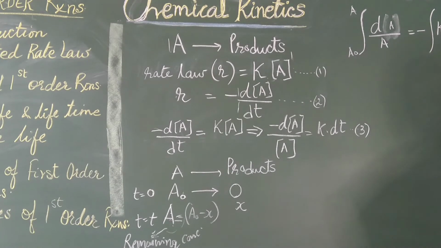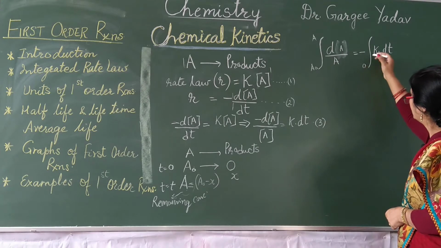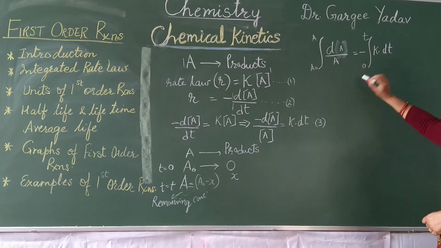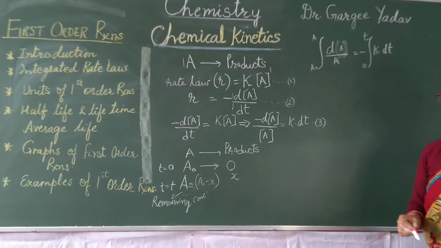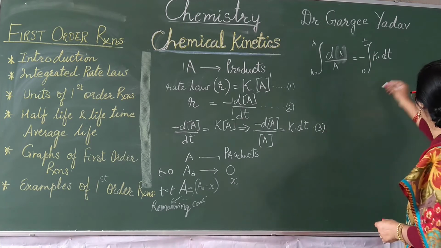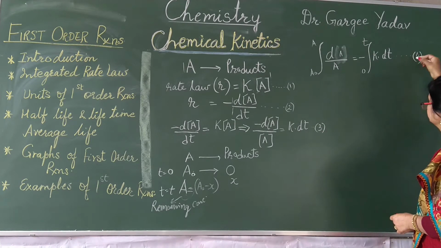Here the lower limit is 0, and the upper limit is t. We are integrating between these two limits. Let it be equation number 4.